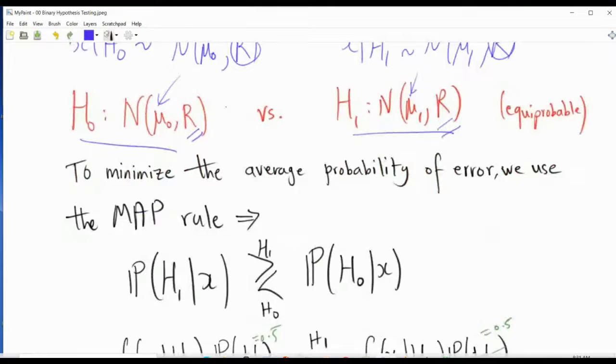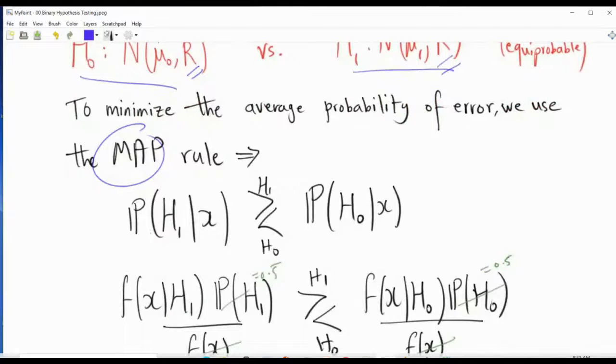To minimize the average probability of error when you make a decision, because you may make an error, it may be that the true hypothesis is H0 and you decide H1, or it may be H1 and you decide H0. To minimize the average probability of error, that's a classical proof, you need to use the maximum a posteriori rule. It tells you to compute the posterior probability of H1, the conditional probability of H1 given the vector of observations, and compare it with the posterior probability of H0 given the observations.